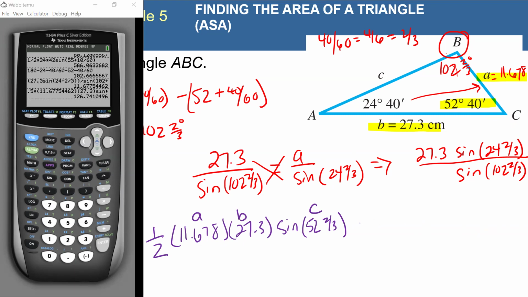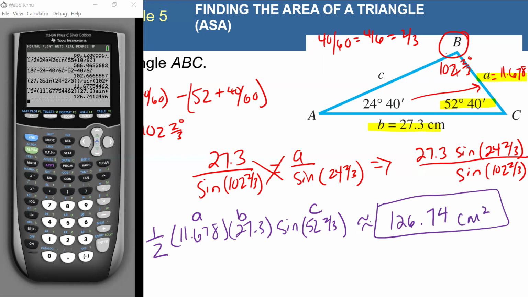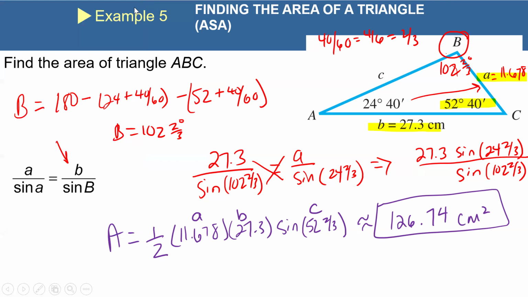So once we put it in the calculator, we get area is approximately 126.74 centimeters squared. And that concludes 7.1. You rounded in 7.4.